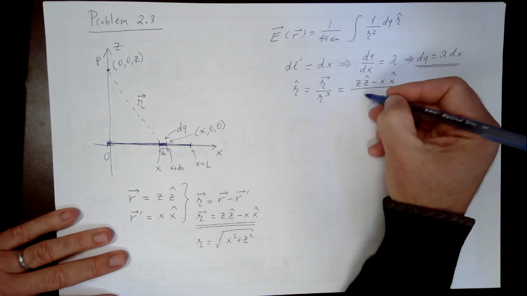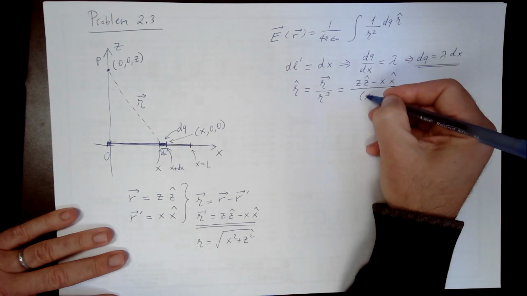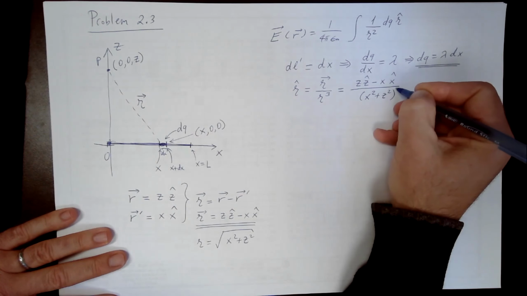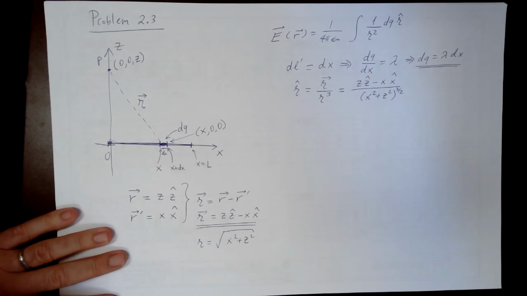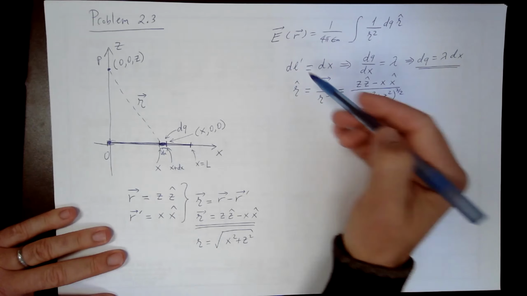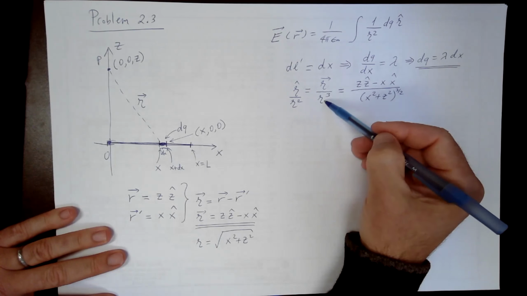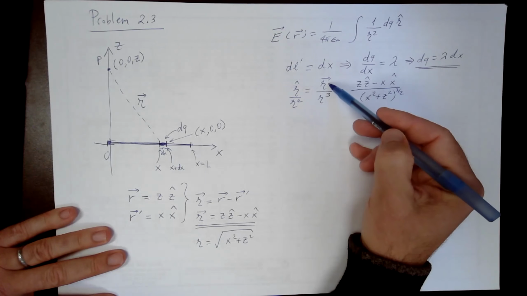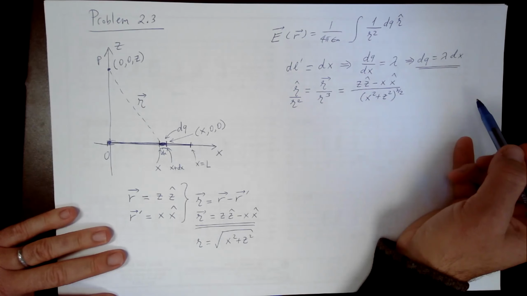If I raise it to the third power, I get x squared plus z squared to the 3/2. Let me make sure this is correct: r hat over script r squared is script r over script r cubed, the magnitude cubed. So I can now plug that in.